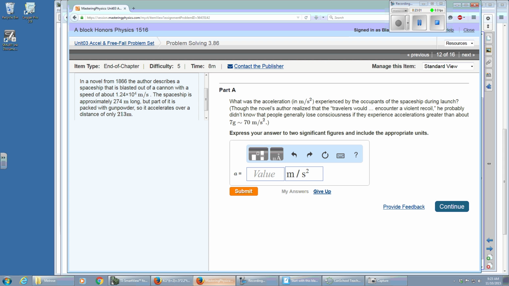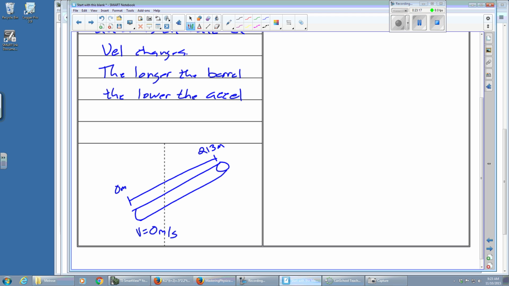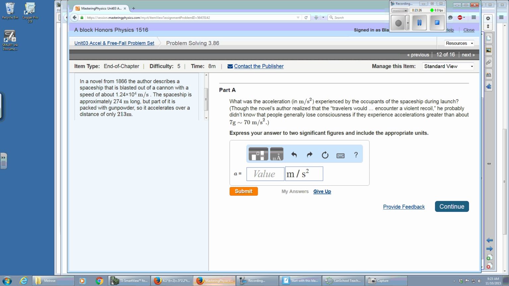All right. So at the end, I've got 1.24 times 10 to the fourth, which is 12,400, right? So at the end here, mine's going 12,400 meters per second. And I want to know what's the acceleration experienced by the travelers. Okay.